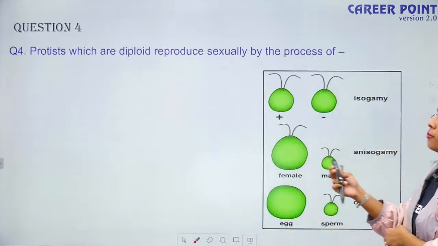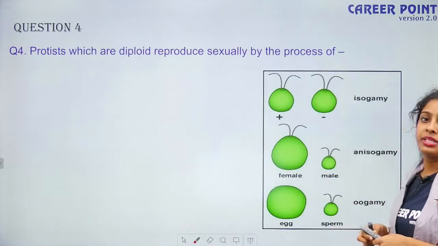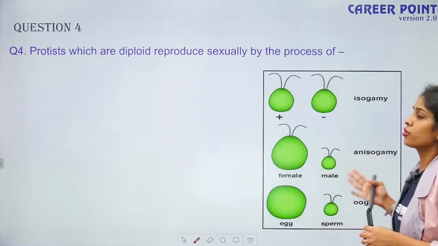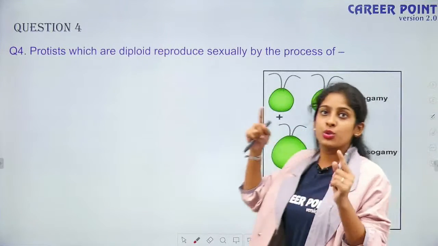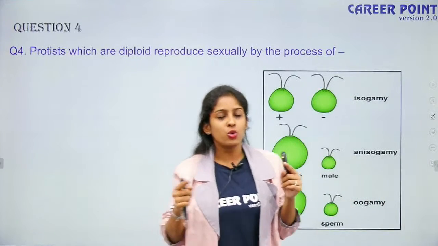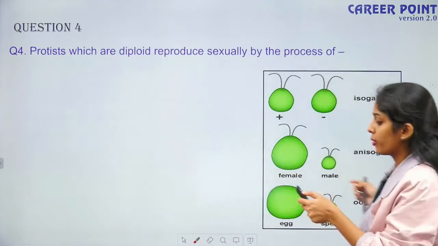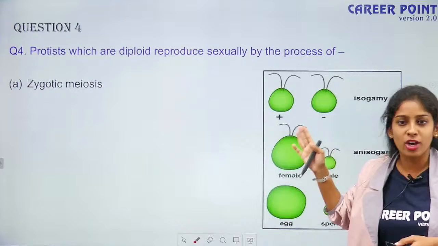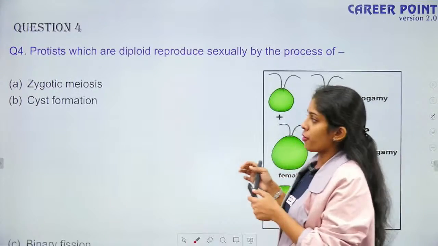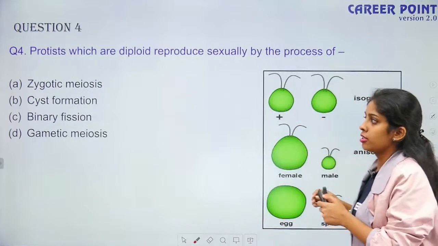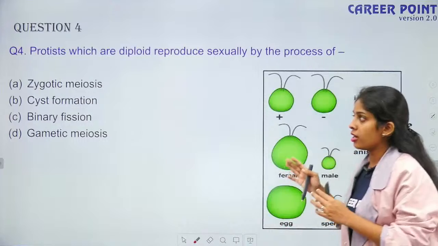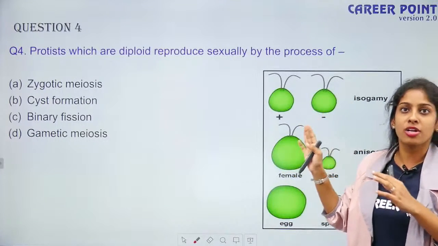Okay. So going on to question 4. Protists which are diploid reproduce sexually by the process of. We spoke about the 2 life cycles of your protists, right? Let me look at the options first. Zygotic meiosis, cyst formation, binary fission, and gametic meiosis. Here options B and C are not relevant, right?